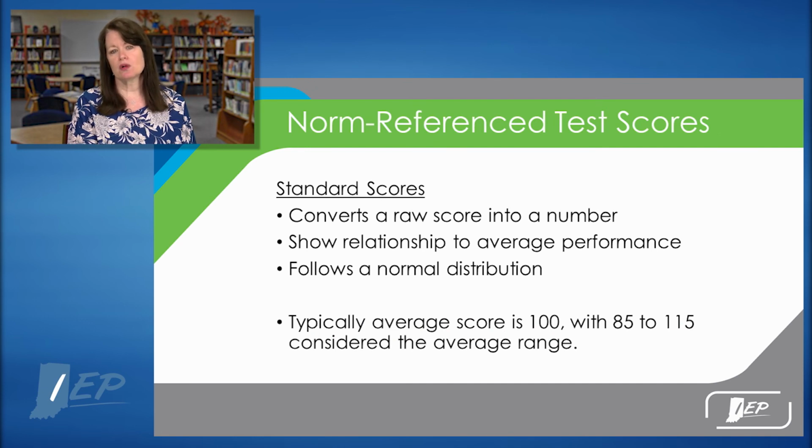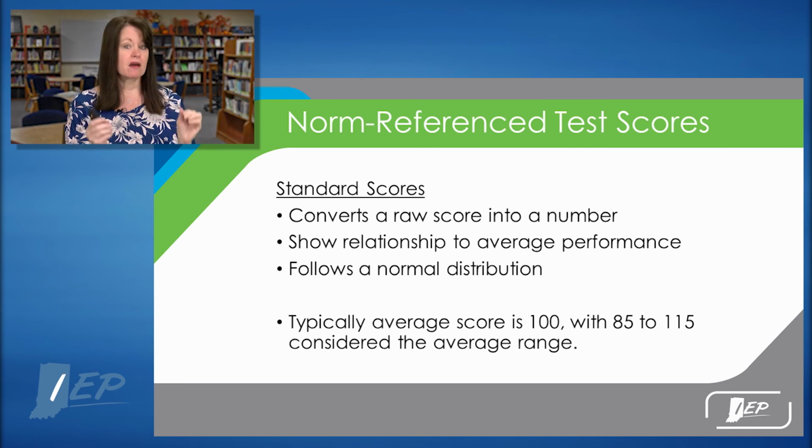Now moving into norm reference test scores, one of our most common is to use standard scores. A lot of our test measures will provide us, especially our academic achievement testing, will provide a standard score. So what it does is take that raw score, so we have to start with the number that the student got correct, how many points they got, however this is measured, and then that is converted into a number that follows a normal distribution.